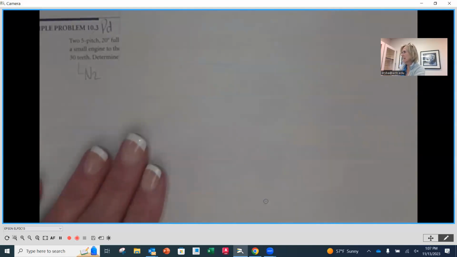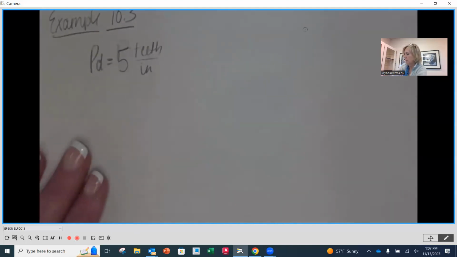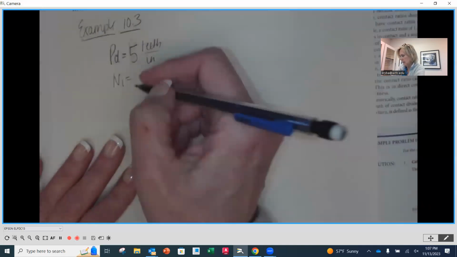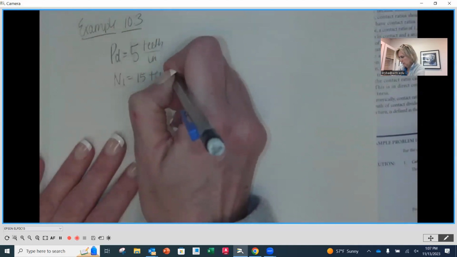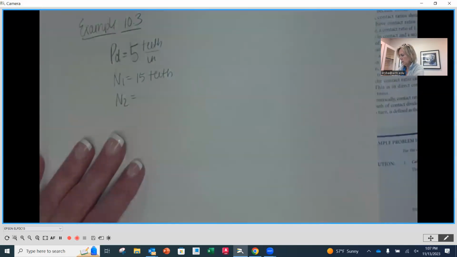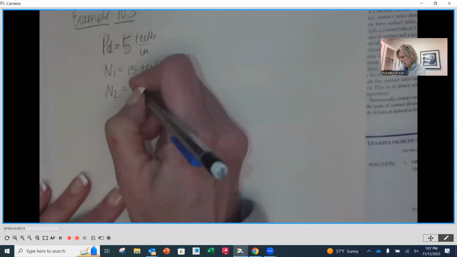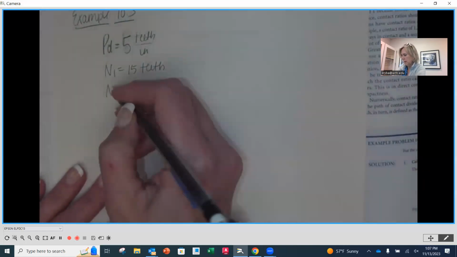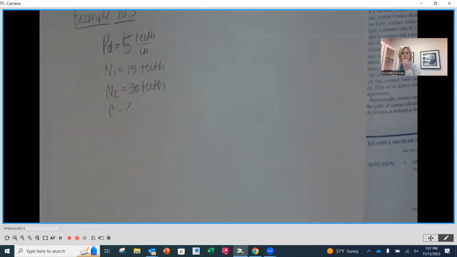But let's write down on our paper what we already know. We know that N1 is equal to 15 teeth. We know that N2 is equal to 30 teeth. And we want to find out what is our center distance.